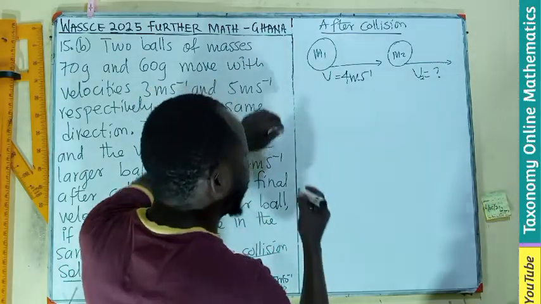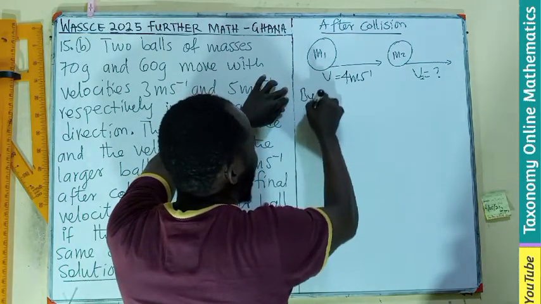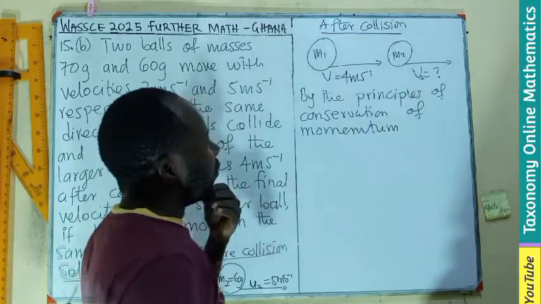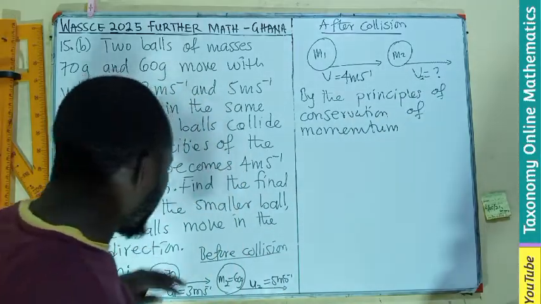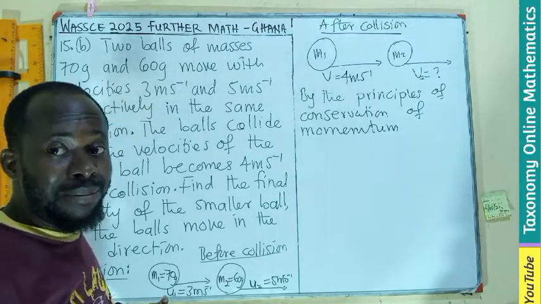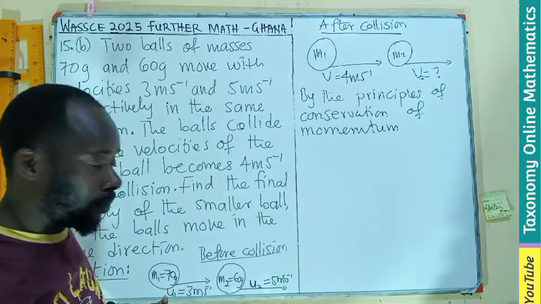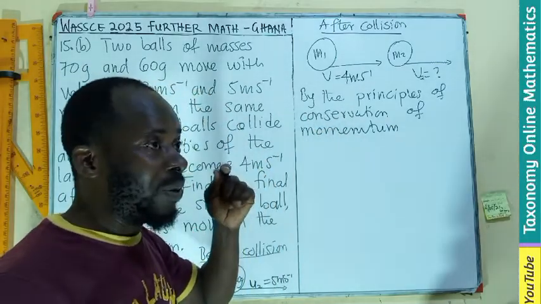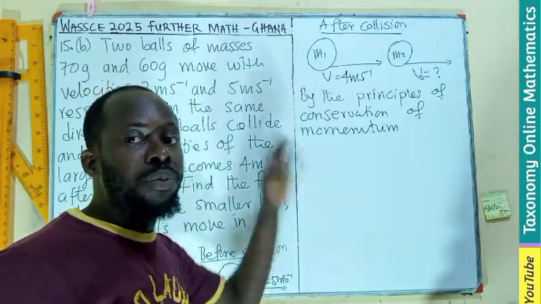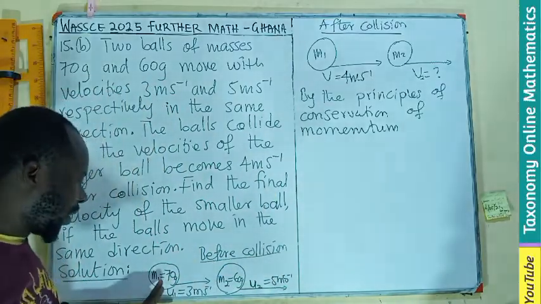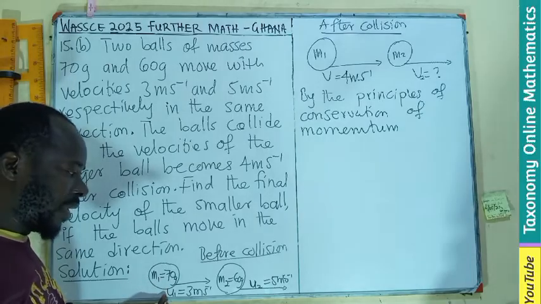So by putting them together, by the principle of conservation of momentum, we know momentum is just the product of the mass times its velocity. The sum of momentum before equals the sum of momentum after. Sum meaning the product of the mass and the velocity.